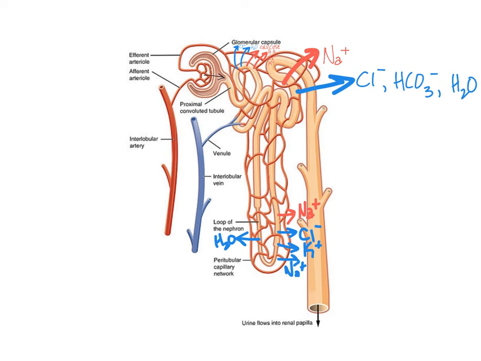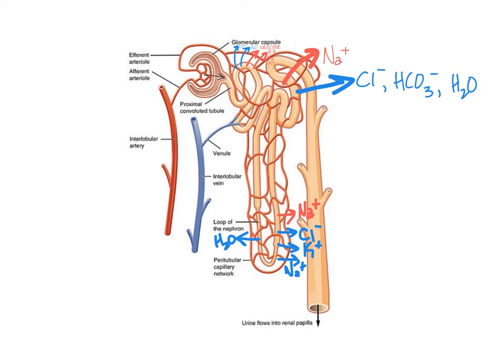It might make this part of the nephron impermeable to water, in which case it's not going to be allowed to leave. But let's say the antidiuretic hormone is in play, and so as a result, it allows water to leave this part of the nephron, this distal tubule, as well as the collecting duct, and water is allowed to leave through osmosis, and that's a great way to reclaim water as well.